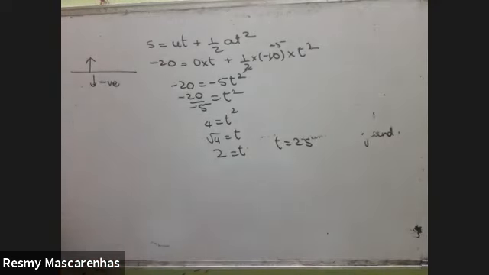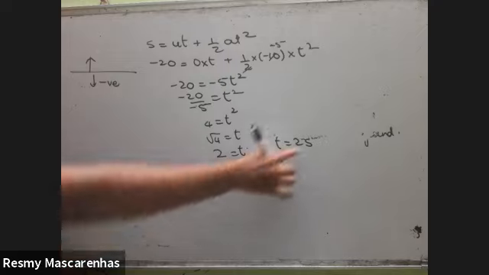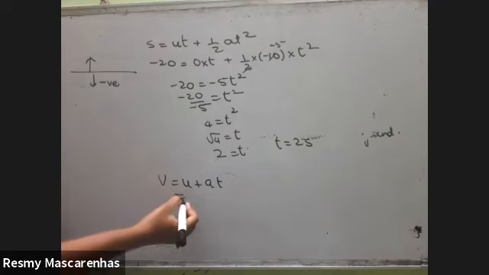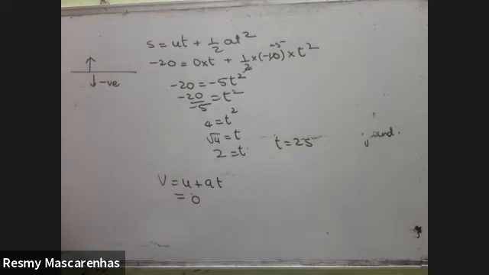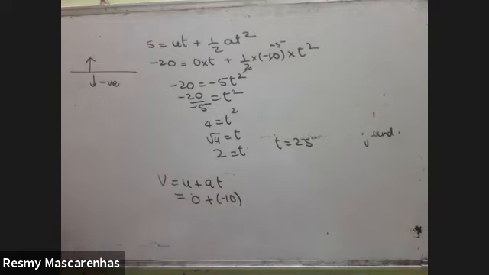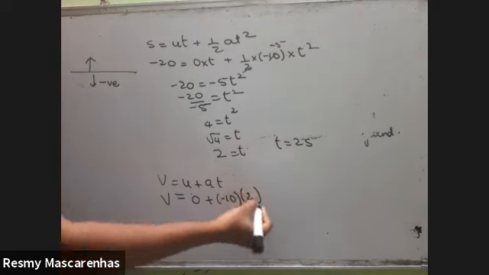Then we have to calculate your final velocity v. So now you can use the first formula because now you know the time taken. So this will be 0 plus minus 10, we have to take, times t, which is 2.